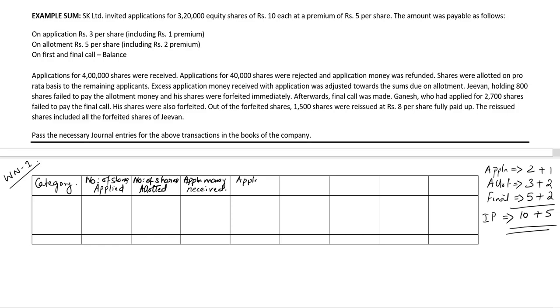Fifth column, application transferred to share capital. Next, refund. Seventh column, allotment money due. Eighth column, excess application transferred to allotment. And the last column is bank to allotment.